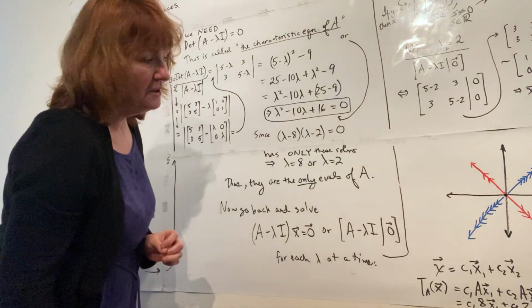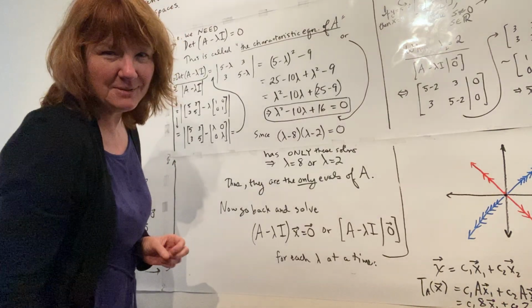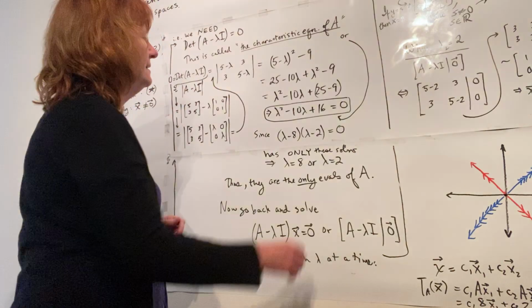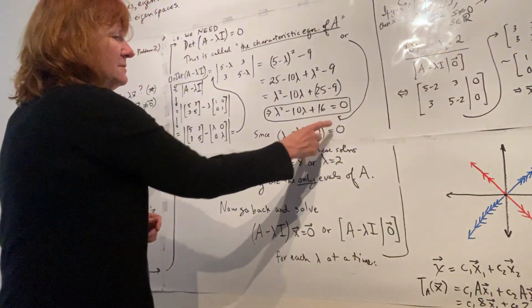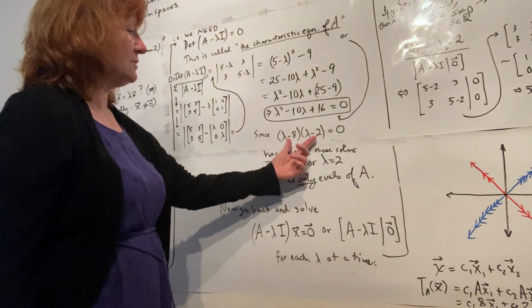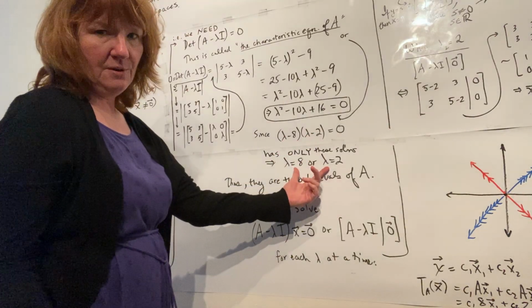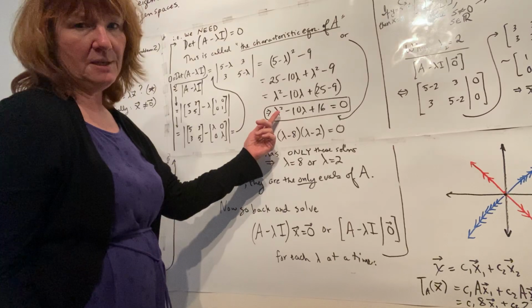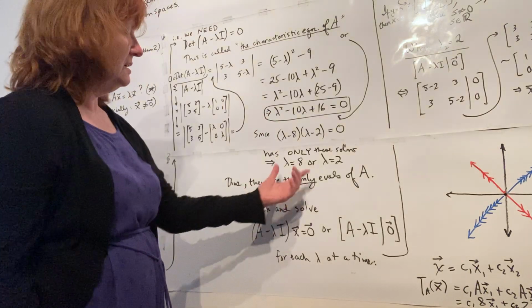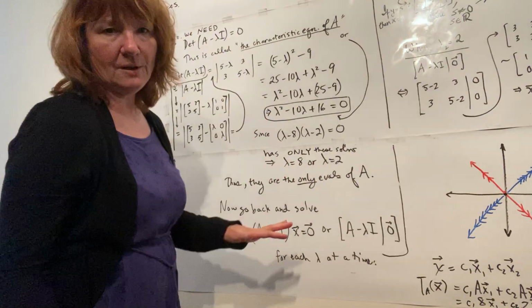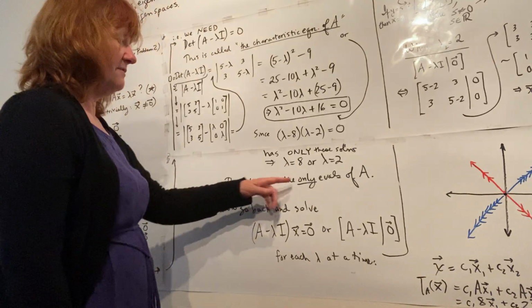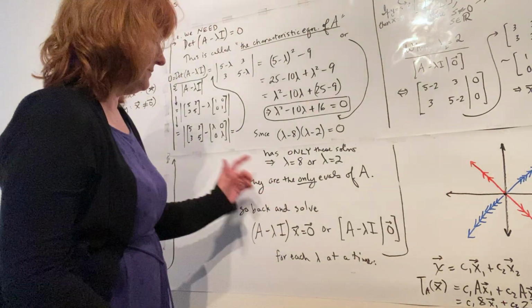Yes, they do affect 2318 students, so review. So we end up getting this quadratic equation, which can factor and give us these two roots. From algebra, we know that if it's a second degree polynomial, it has at most 2 roots. If we have found them, then we have found all its roots. And therefore, we have found all the eigenvalues of this matrix A.